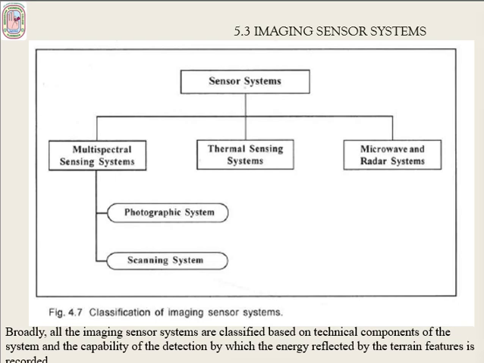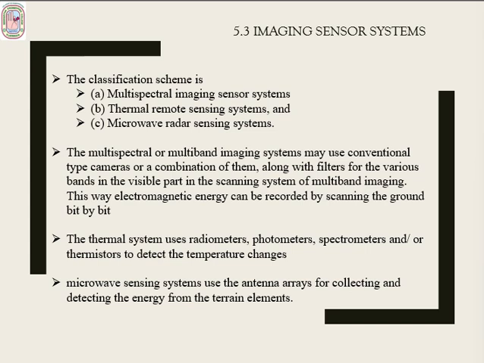Similarly, there are different types of imaging sensor systems: multispectral sensing systems, thermal sensing systems, and microwave and radar sensing systems. The multispectral or multi-band imaging systems may use conventional types of cameras or a combination of them along with filters for the various bands in the visible part, in the scanning system.